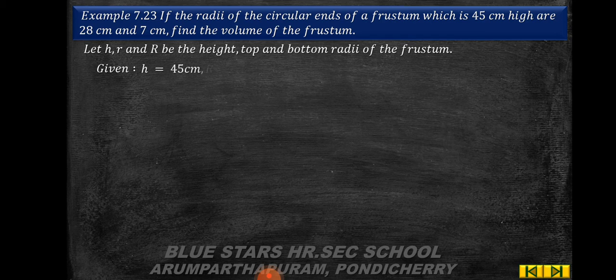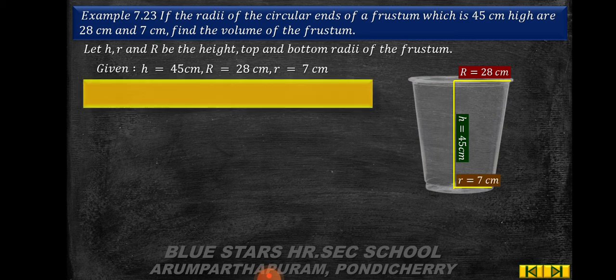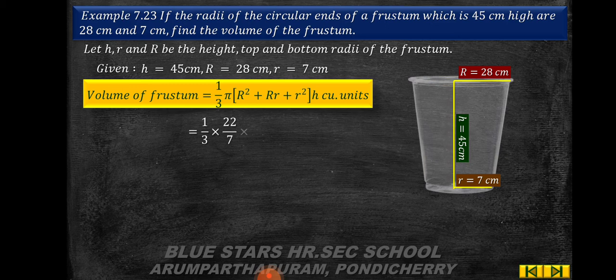Given h is equal to 45 cm, capital R is equal to 28 cm, small r is equal to 7 cm. So we are taking the frustum, height is 45 cm, capital R is 28 and small r is 7. Volume of the frustum is equal to 1 by 3 into pi into capital R square plus capital R into small r plus small r square into h cubic units.